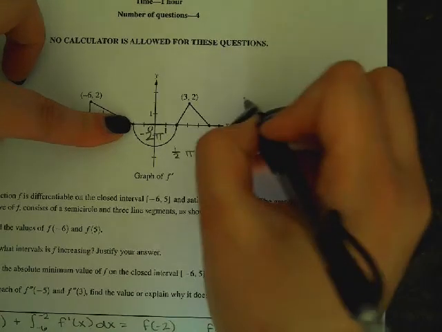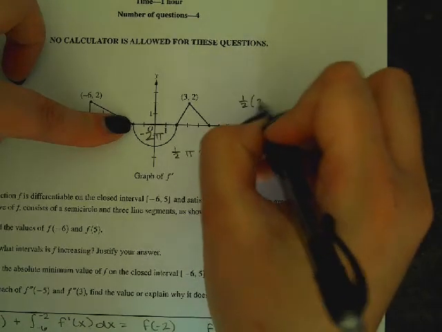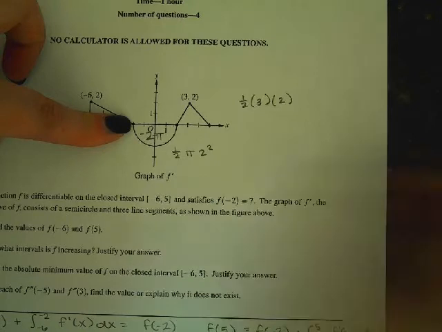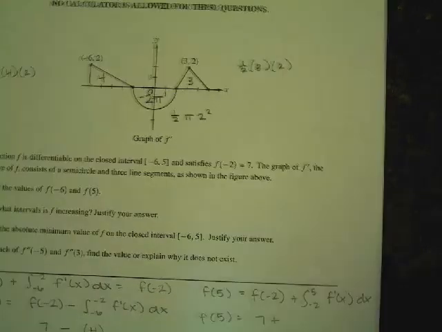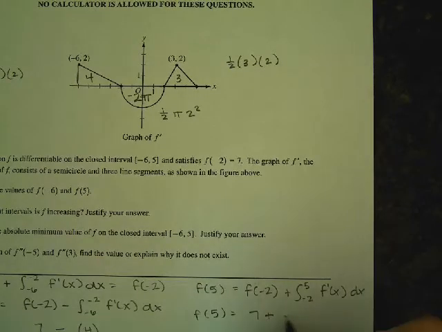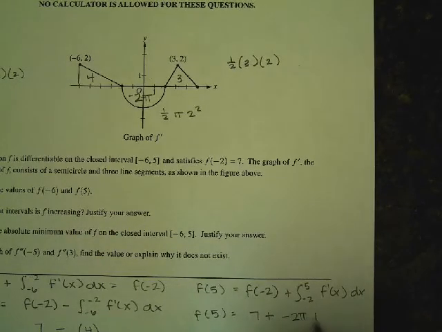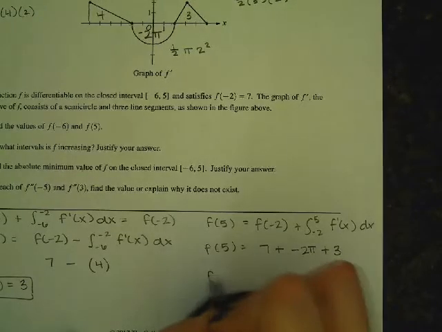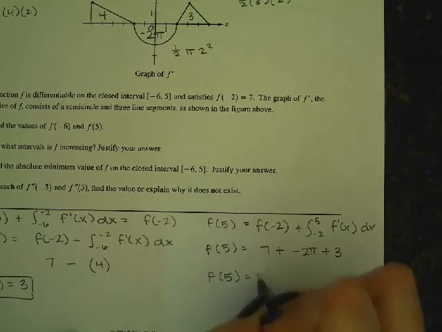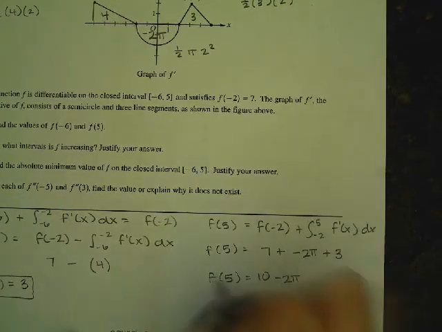Then over here, we've got 1/2 times a base of 3 times a height of 2, which has an area of 3. So I've got 7 plus -2 pi plus 3, and that means that f of 5 is 10 minus 2 pi.